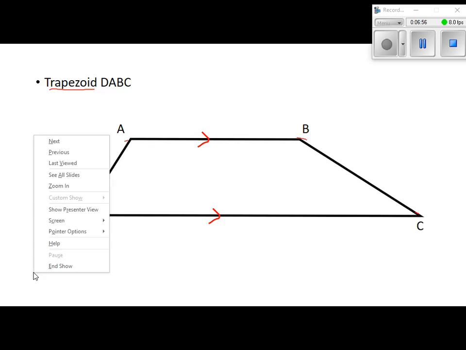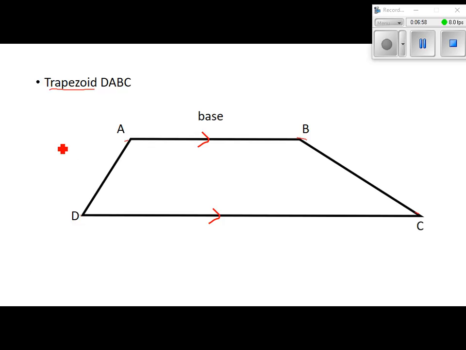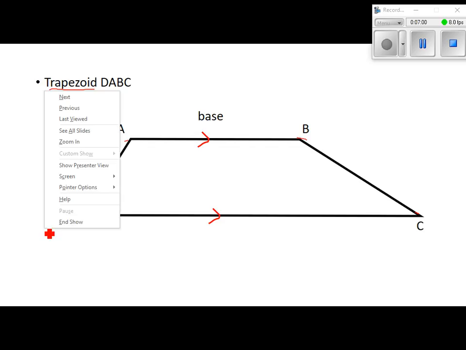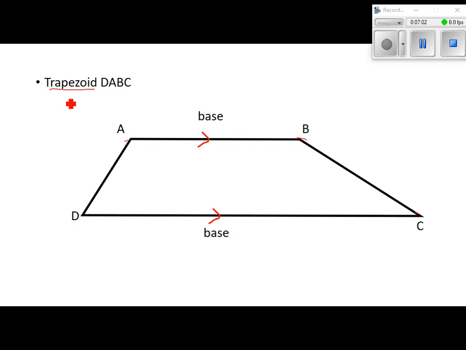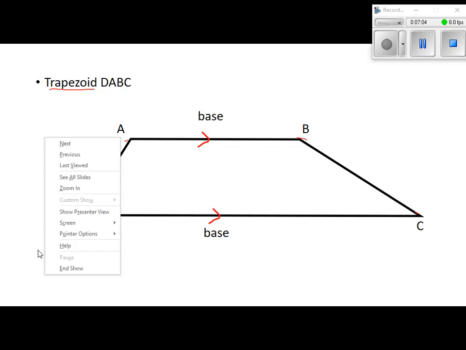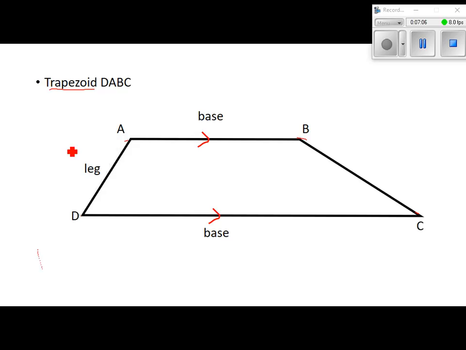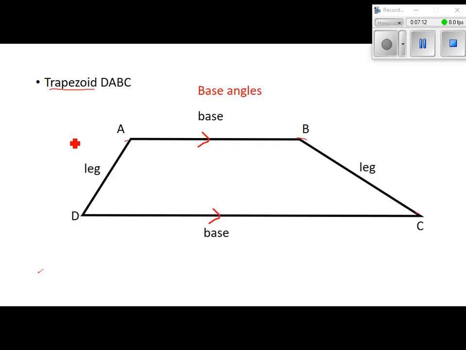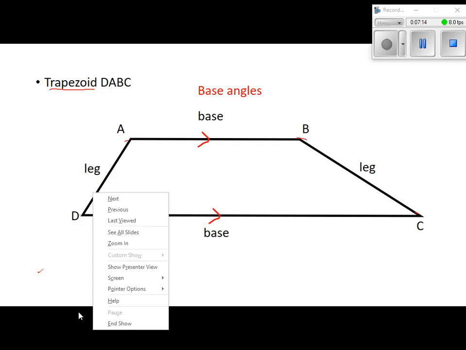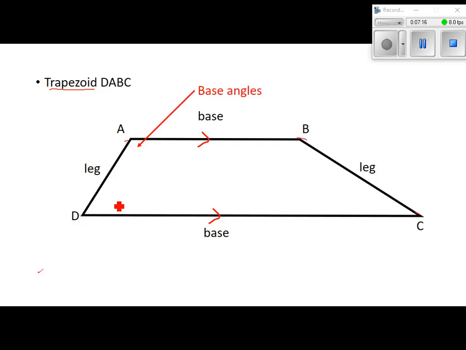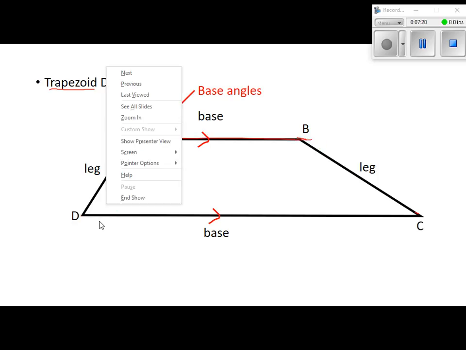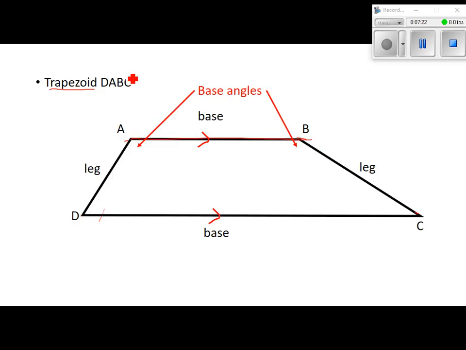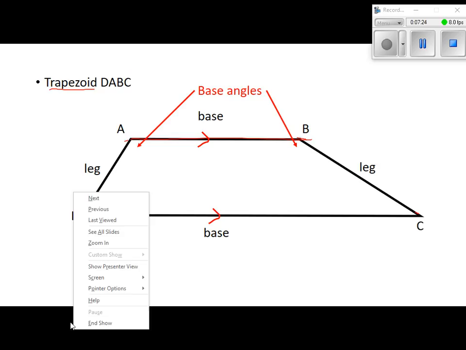In a trapezoid, you have these parts. The two parallel sides are called bases. The other two sides are called legs. The angles that surround a base, so the angle for this base up top here, that angle and that angle, are called base angles.